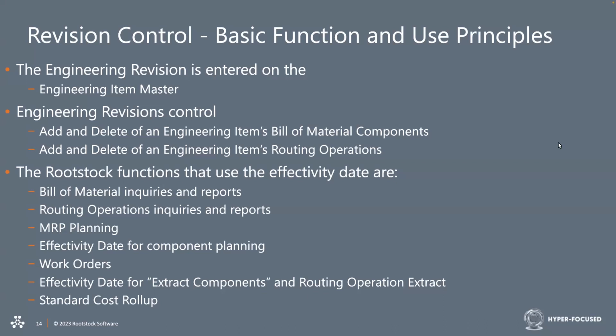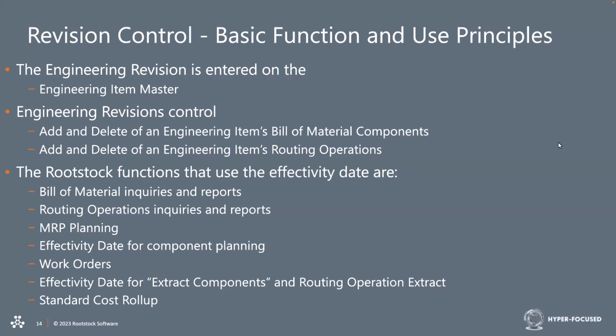I flew over the one screen where you saw the different functional areas included in the Rootstock footprint. We sometimes take bills of material for granted, but they apply to cost roll-ups: what's my cost roll-up for a different revision?